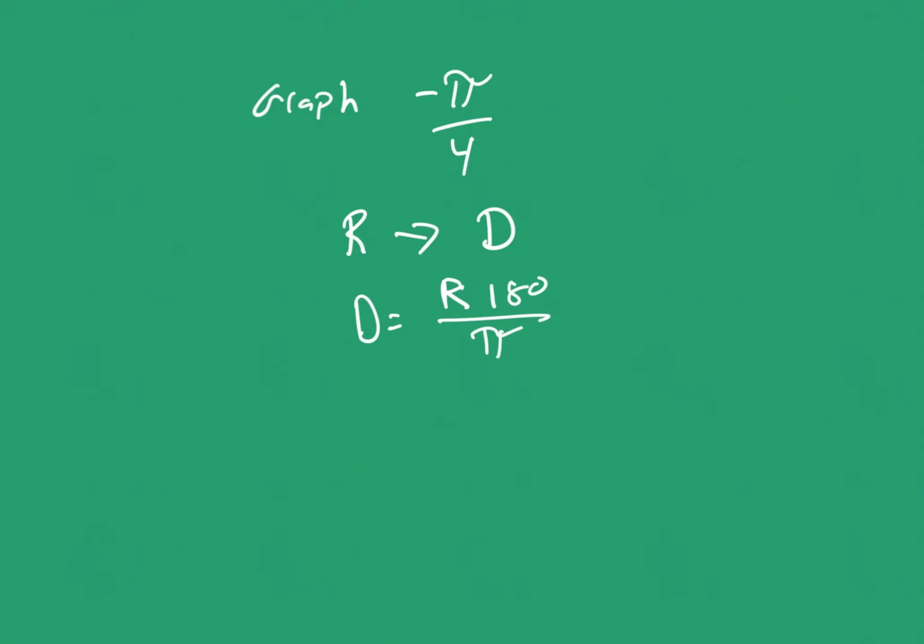So in this case, if we've got negative pi over 4, that's our radians. We're going to multiply that by 180 over pi to change it to degrees, so we know where to put it on the coordinate plane.